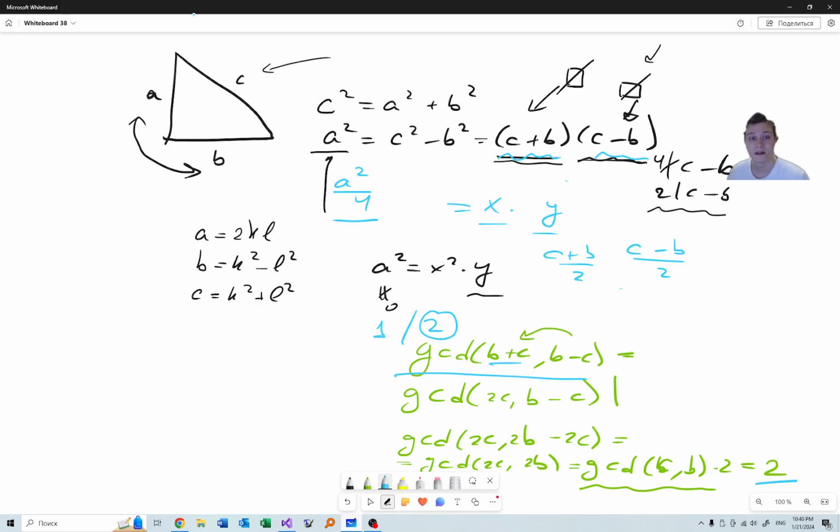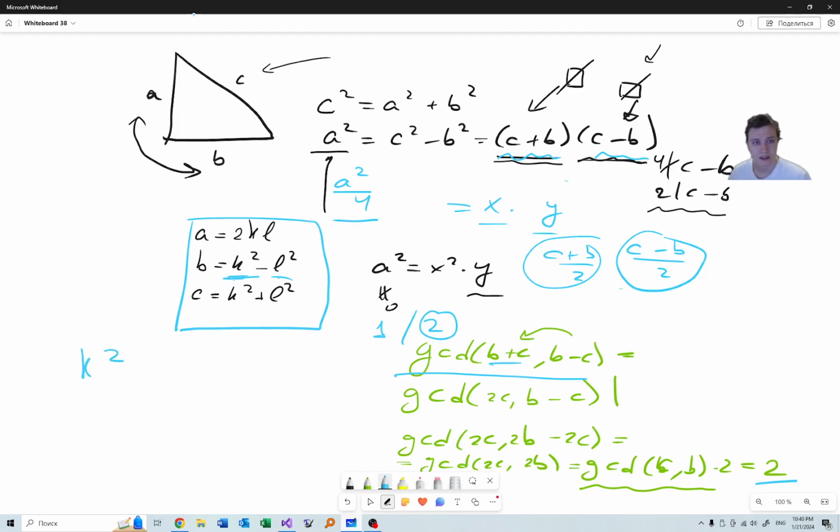And this is what k and l stand for. So k is simply the square root of this number, and l is the square root of this number. Now we know this representation, and we look at the perimeter of this triangle. The perimeter is 2k squared plus 2kl, which is 2k times k plus l.